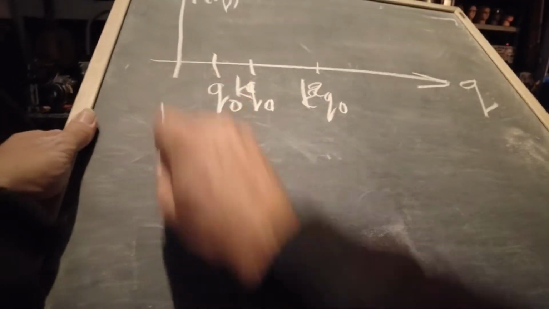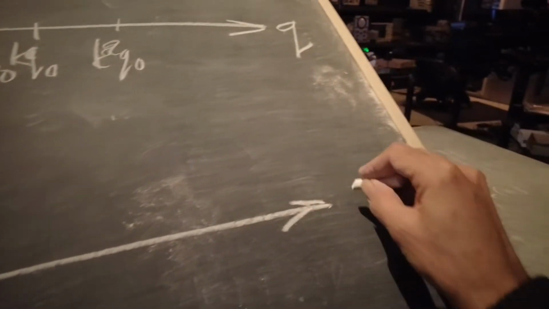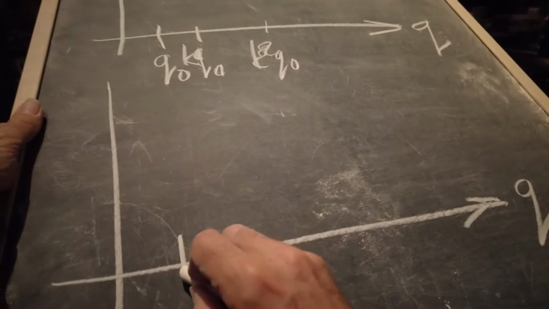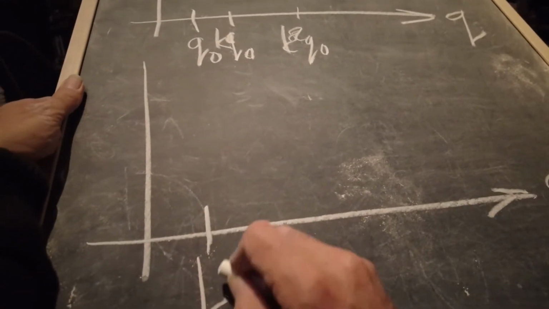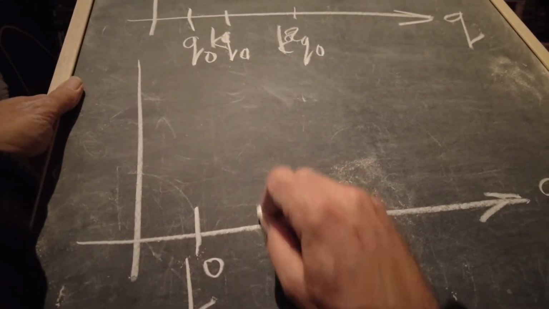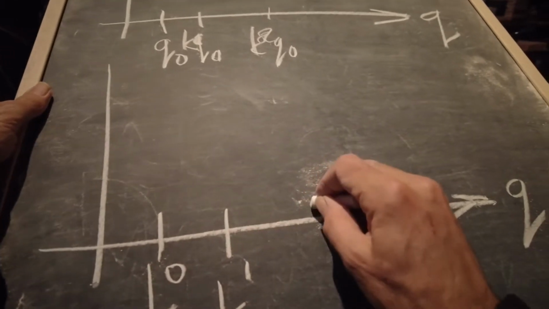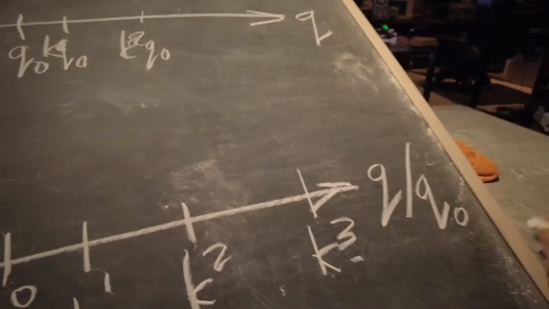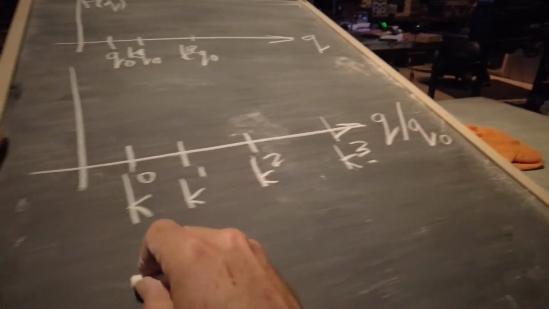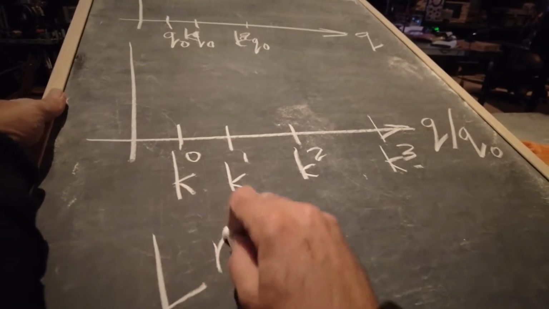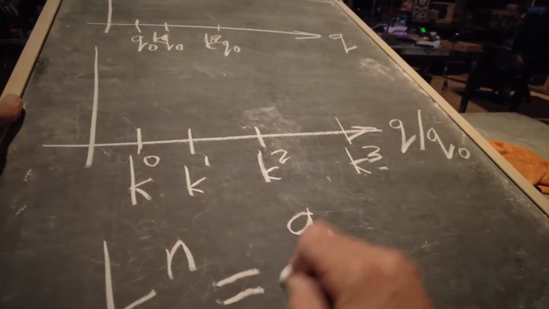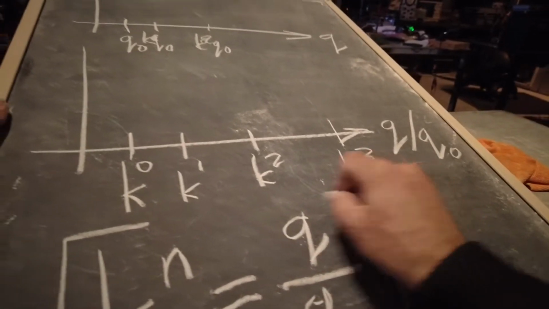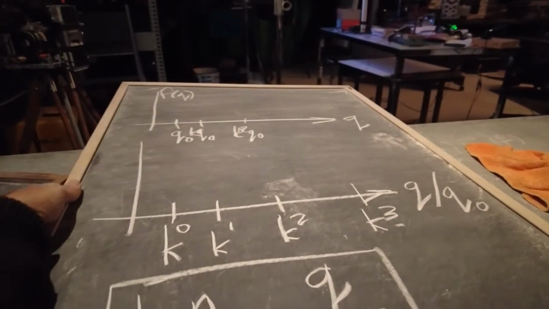And then we very quickly realized that if we simply change this axis to Q over Q0, then this axis becomes k to the 0, k to the 1, k squared, k cubed, and so on. And that gave us this identity, k to the n equals Q over Q0. And that is what we use to solve or unlock these comparametric equations. So that's a very important observation.